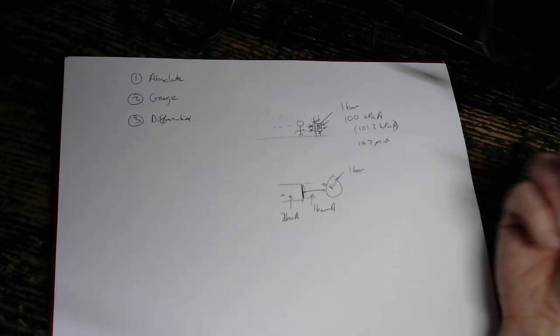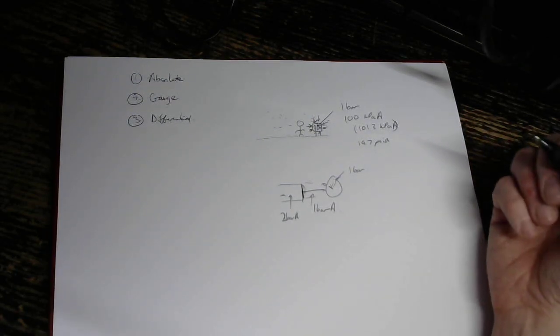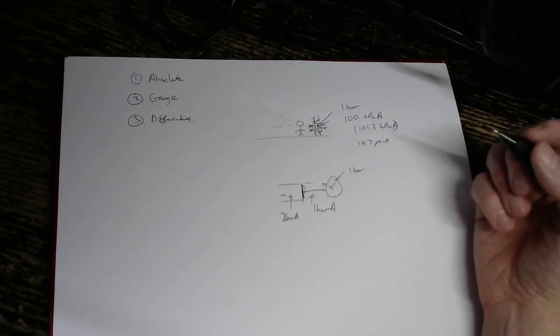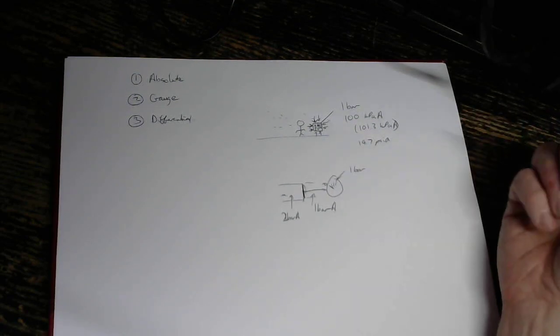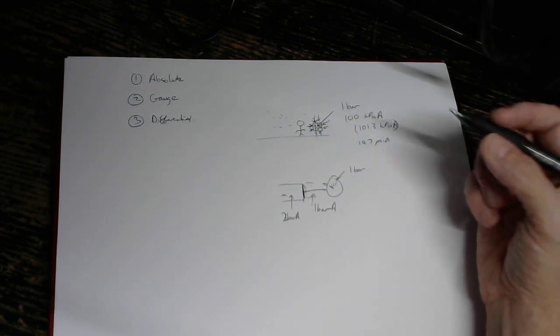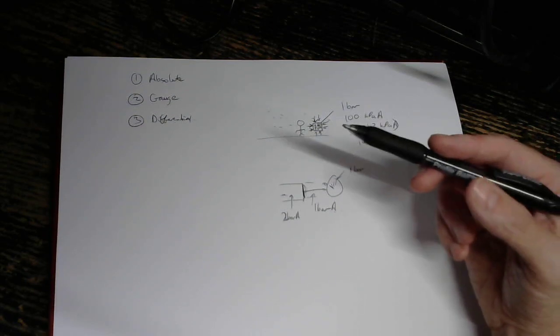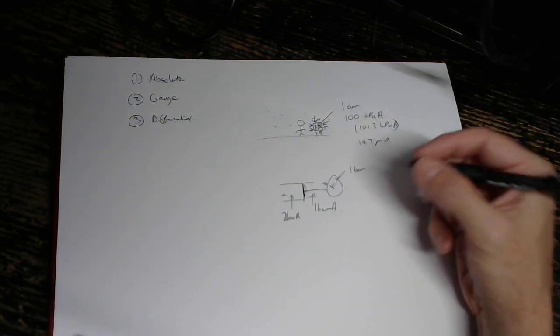So in a tire, for example, the pressure relative to the outside air is what's important because the outside air is pushing in on it, and so that doesn't get you anything.